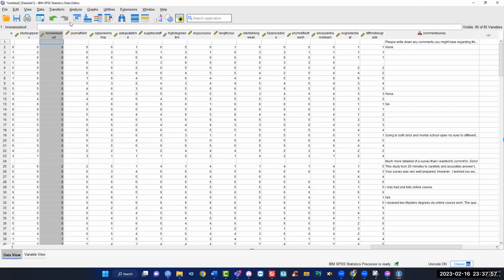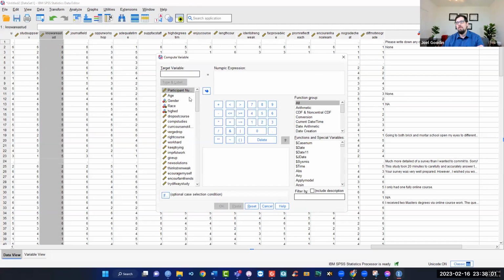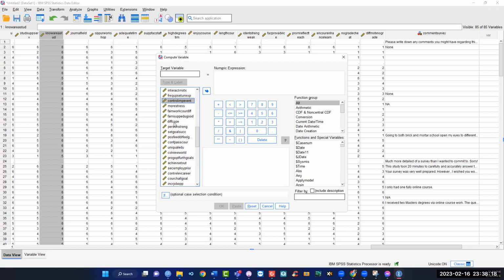So you're going to actually compute a variable, and I don't remember the names of them, but let's say 4 questions came from one instrument. We're going to start with goal with success.